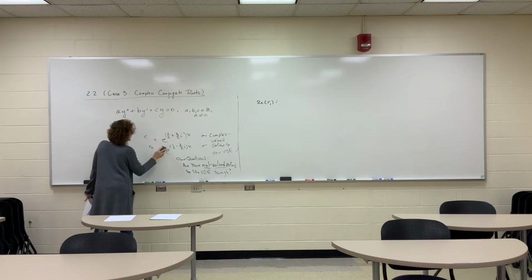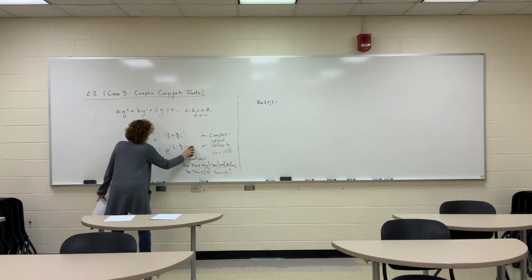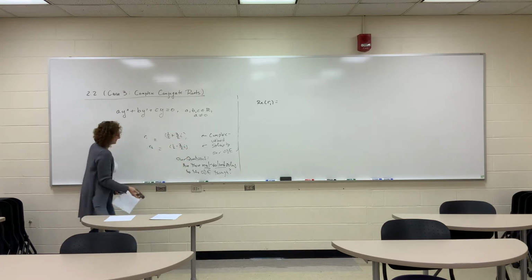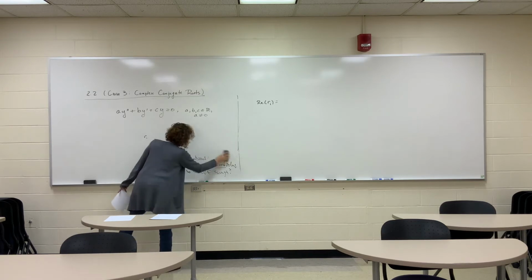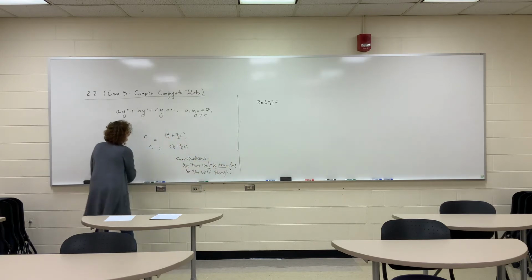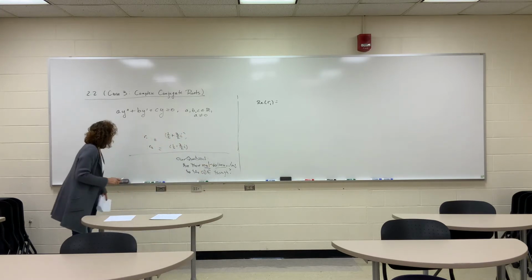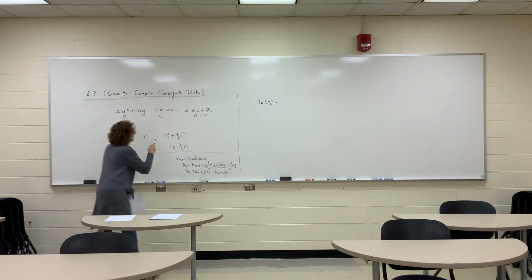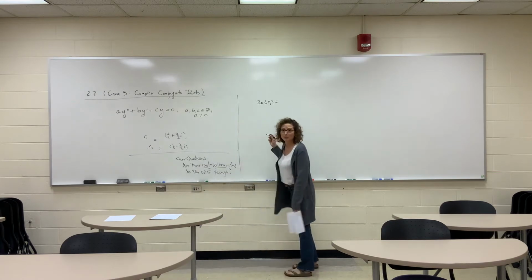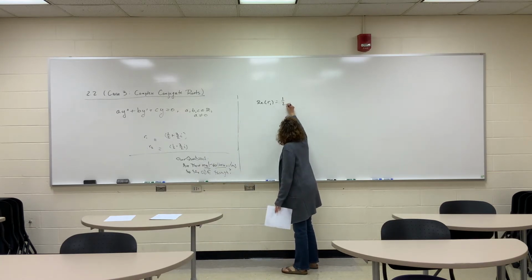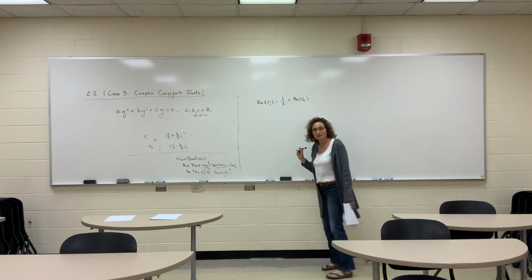Now I got R1 and R2 standing there staring at me. So here's R1. What is the real part of R1? The real part of R1 is 1/2, right?